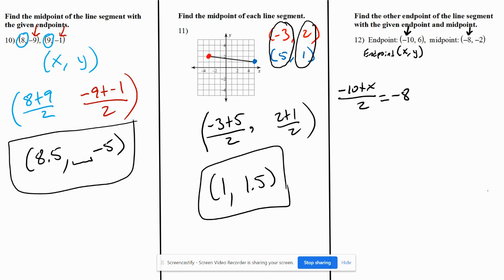So that's going to help me to solve for x. I'm going to add the x values of the endpoints divided by 2, and that's going to give me the x value of the midpoint. Now to solve for y, I'm going to add the y values of the endpoints divided by 2, and that's going to give me the y value of the midpoint.